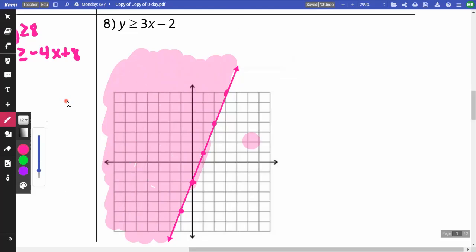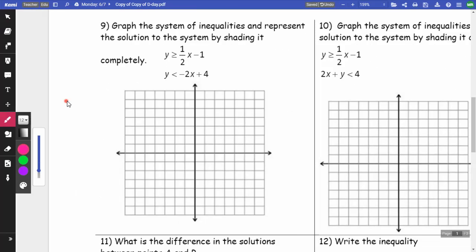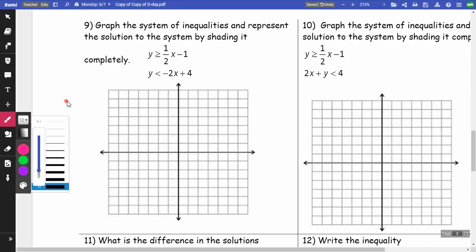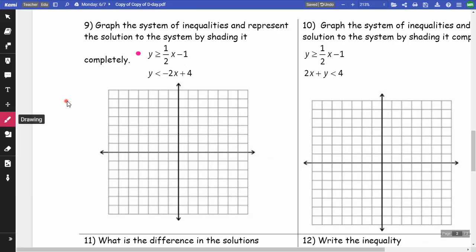Okay, on number 9. So this is a system. I'm going to graph one in one color, one in another color. Okay. So I'm going to graph this first one in, let's say pink. So I'm going to start with this one at -1, and then I'm going to go up 1 over 2, up 1 over to the right 2, up 1 over to the right 2, and so on.